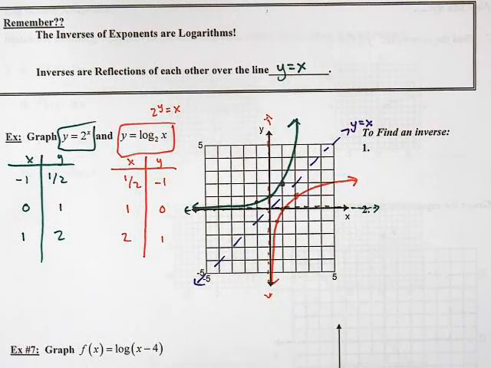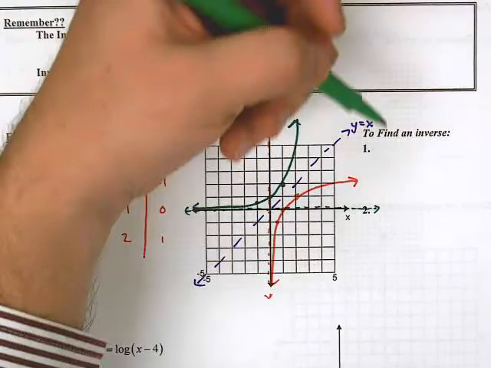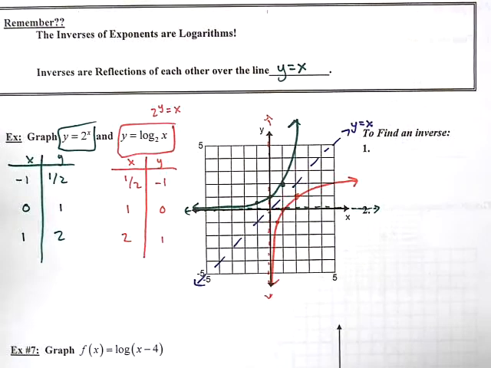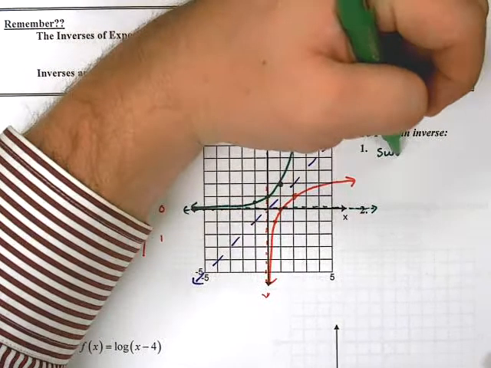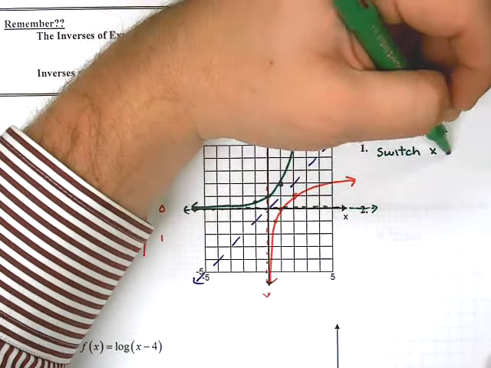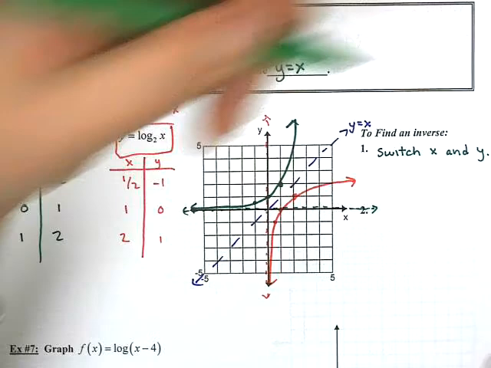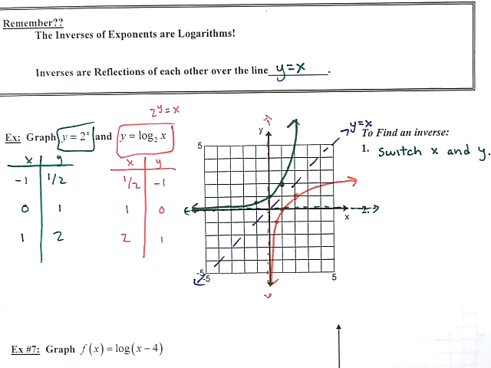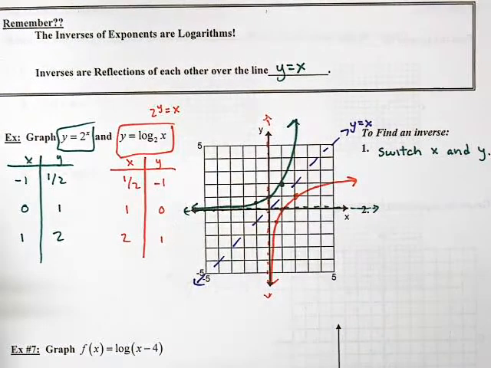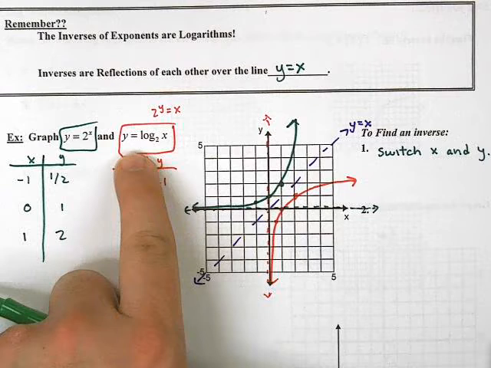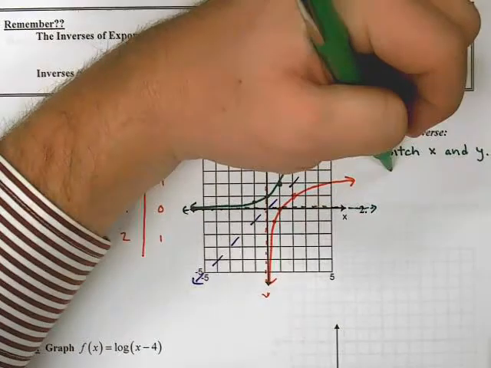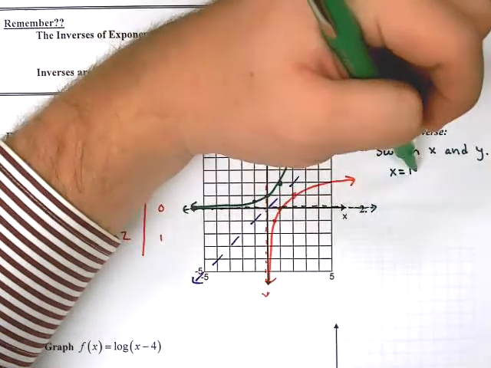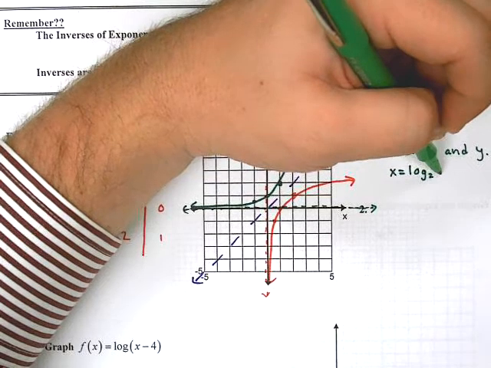Now the only thing that I need you to say for finding an inverse, it's the exact same thing as we did before. To find an inverse, you switch x and y. All right, you switch x and y. So let's take y is equal to log base 2 of x, for example. So I would switch that to x equals log base 2 of y.